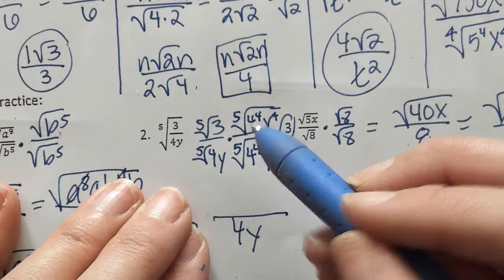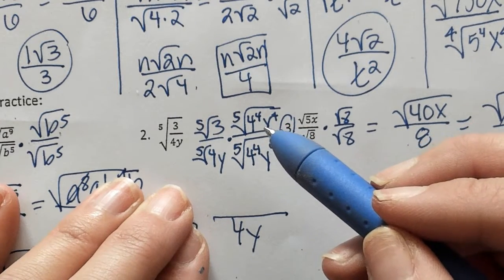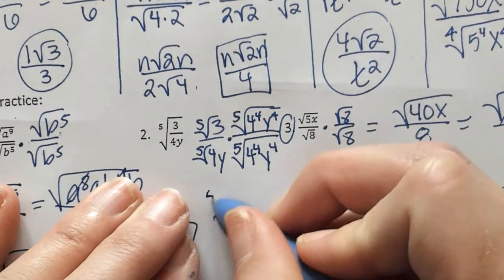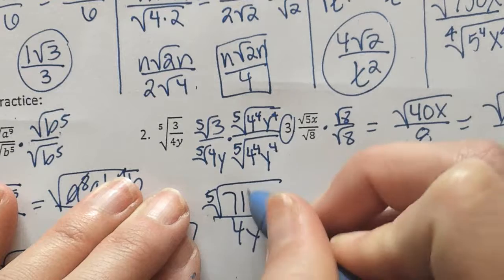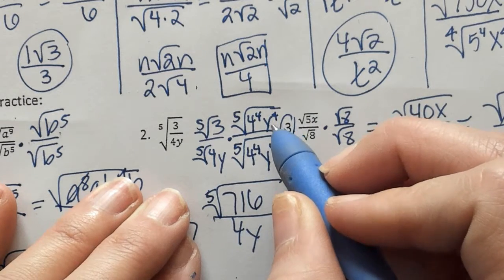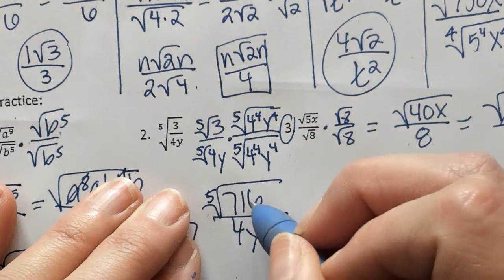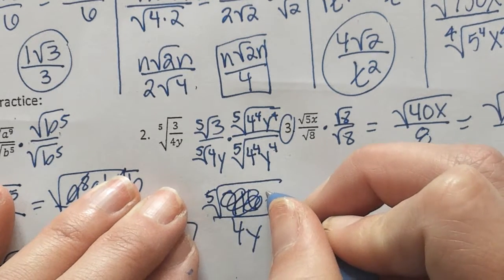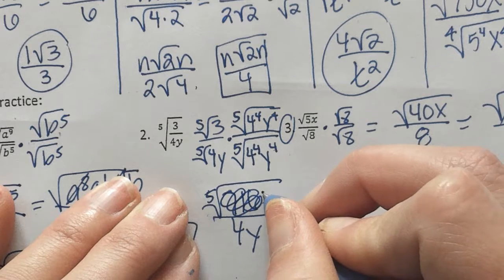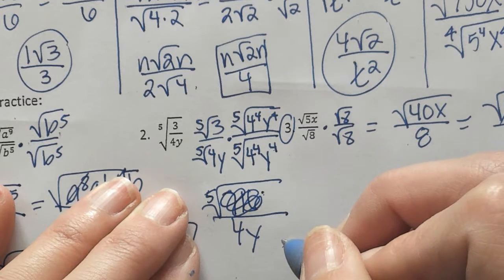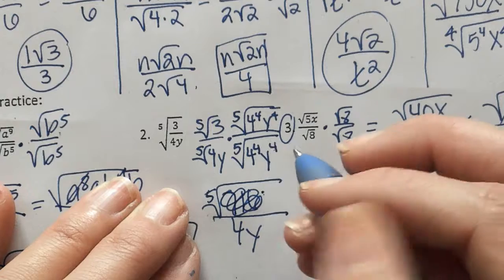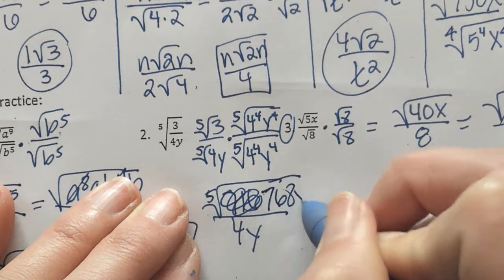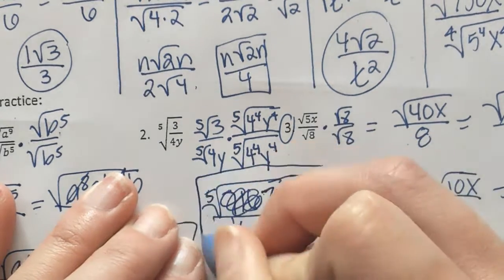On top, go ahead and figure out what 4 to the fourth power is. 256. Now multiply that by 3. 768. 256 times 3 would be what? Okay. y to the fourth. Very good.